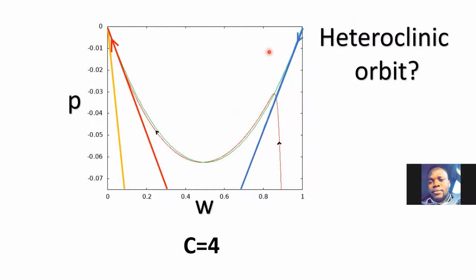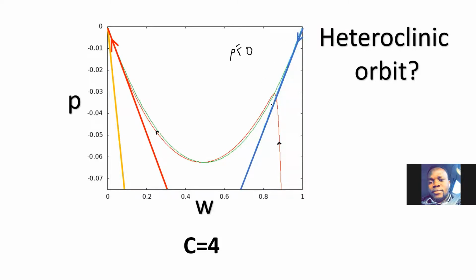Okay, if you look at the signs, maybe we can go into some detail here. Let's change the color. Here, the derivative of P is negative, right? So if I have a solution which starts from 0, 0, it has to decrease.